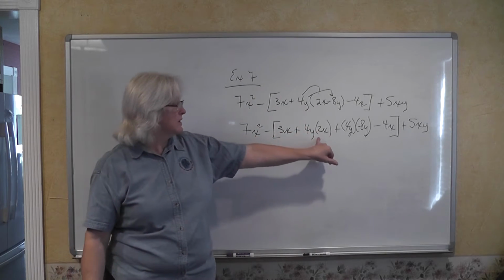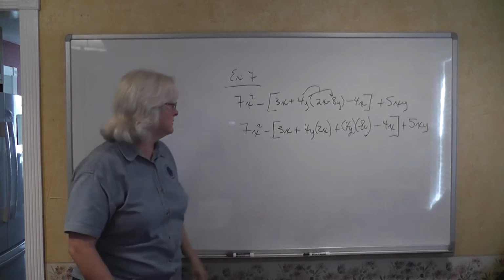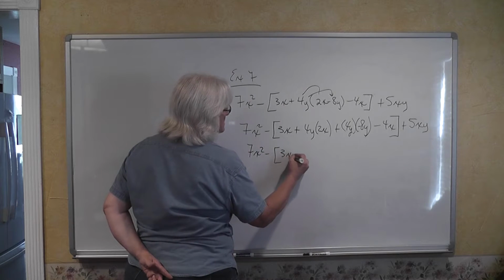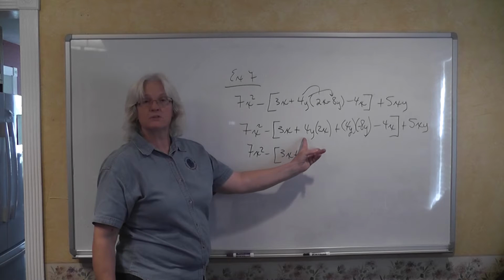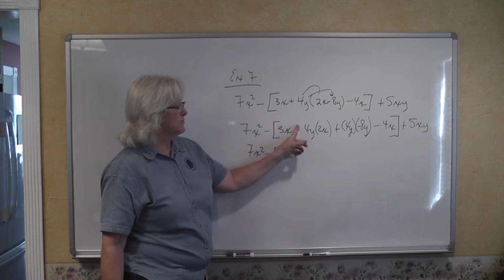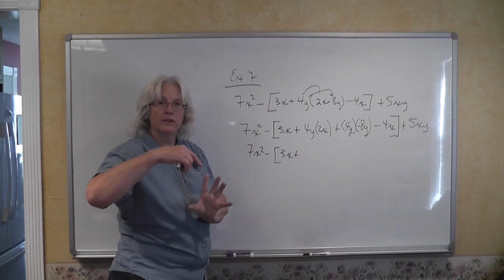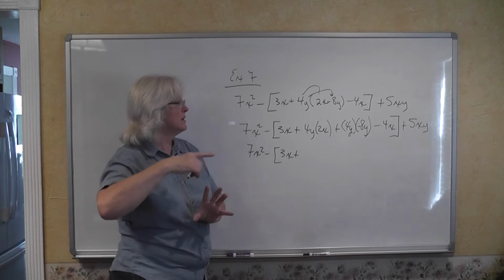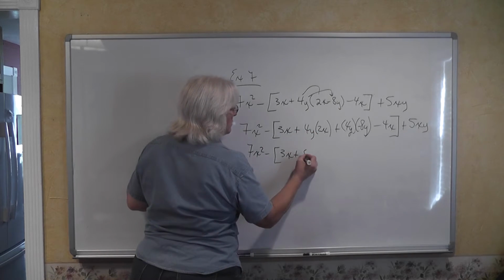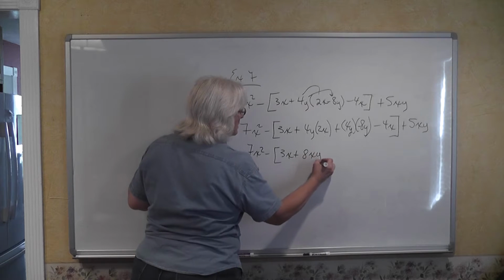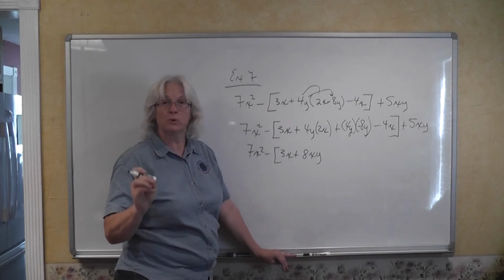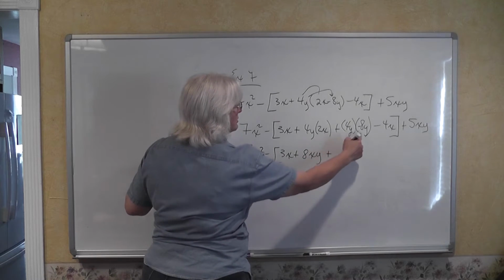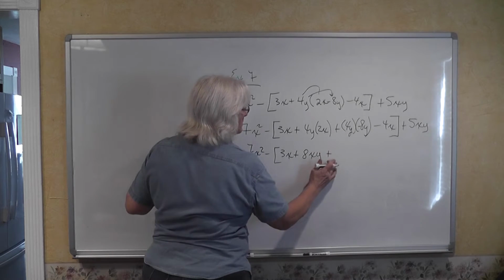Now, what are we going to do next? Still inside our brackets, we have a couple of pairs of multiplication that we need to do. 7x squared minus bracket 3x plus 4y times 2x. Numbers first. This is 4 times y times 2 times x. The commutative property of multiplication says it doesn't matter what order. So we're going to say 4 times 2 is 8. Y times x is xy. Remember to be careful to put your variables in alphabetical order. Plus 4 times a negative 8 is a negative 32.